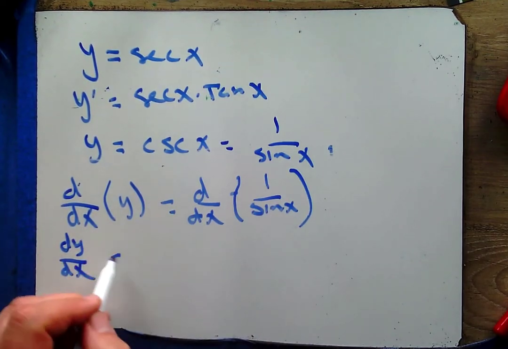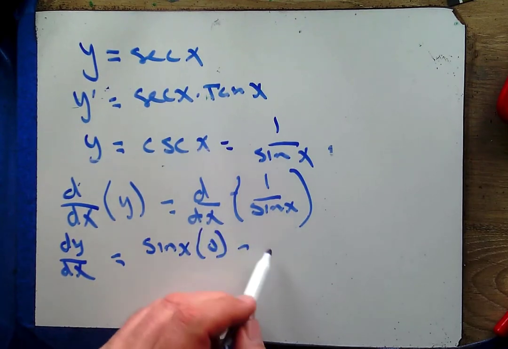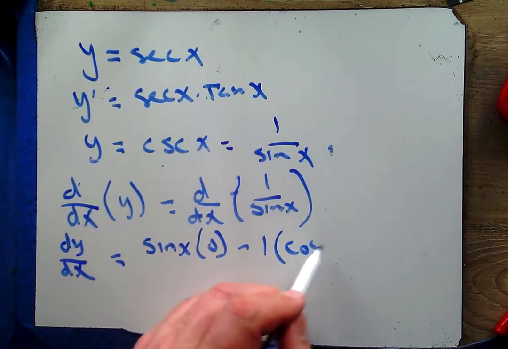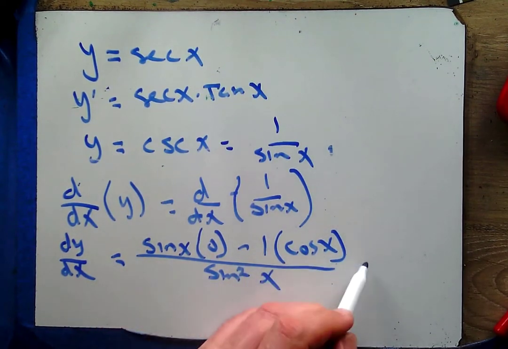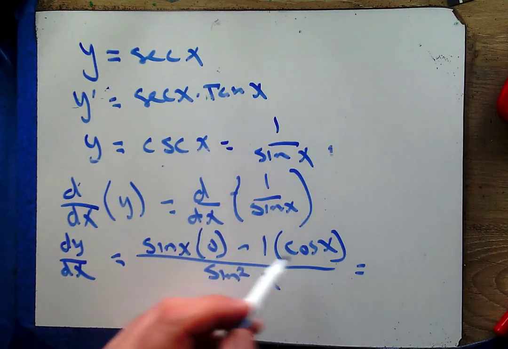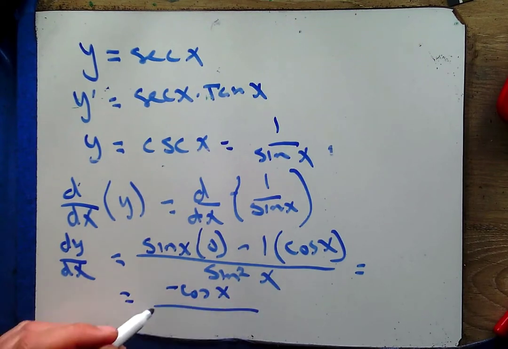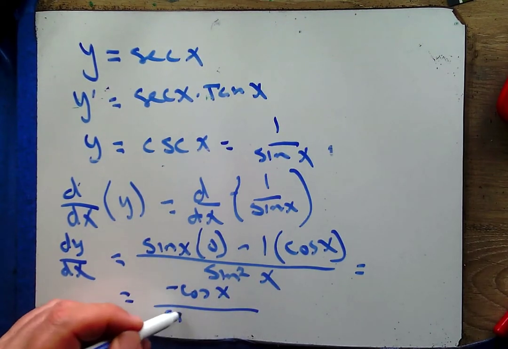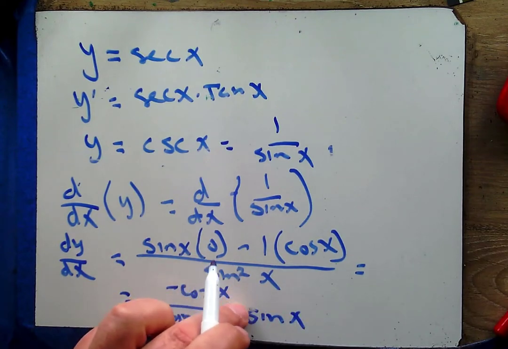So dy/dx is going to be low d high minus high d low over low squared. Now 0 times sine x is going to make that go away. So I have on top negative cosine x, and on the bottom I've got sine x times sine x.